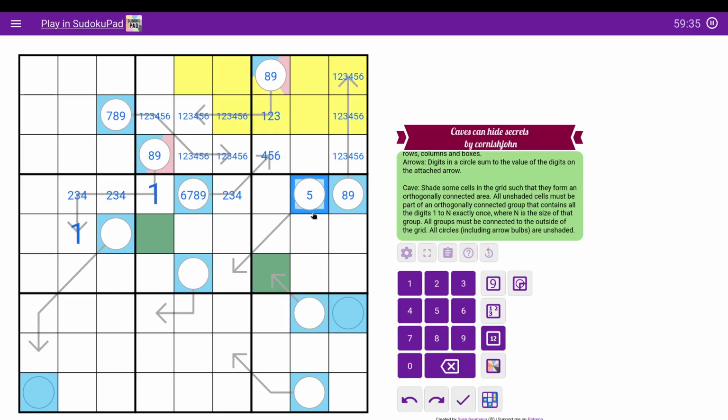This is 5 or higher. This has to be one of these because it's not 9. So this is 5 or 6. Neither of these is 1. So one of these is 2.